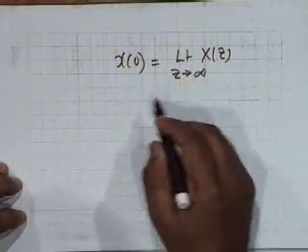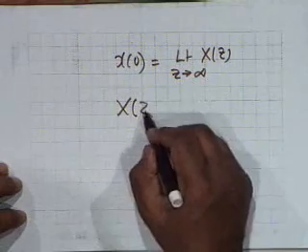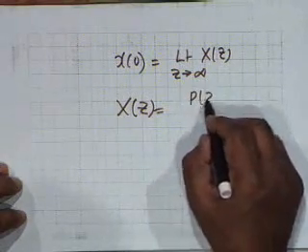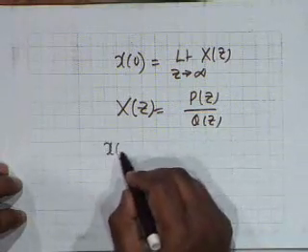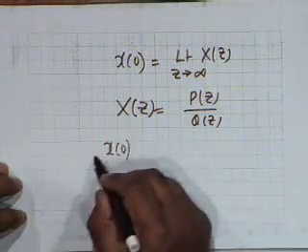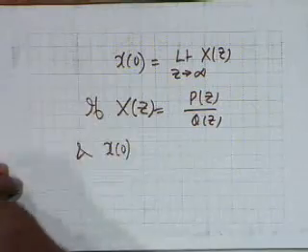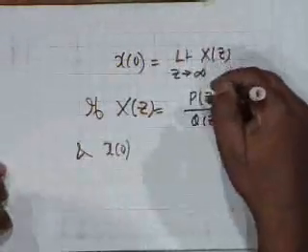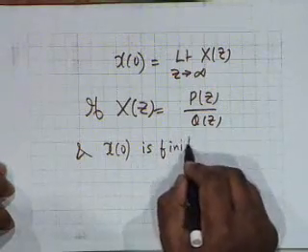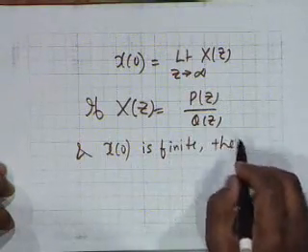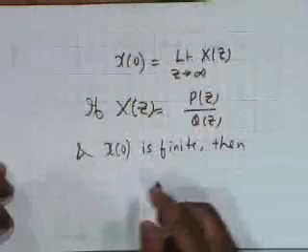A consequence of this is that if capital X of z is, let's say, p of z by q of z, and x of 0 is finite, if X of z is a rational function p over q, and if x of 0 is finite, then what is the conclusion? Same degree.